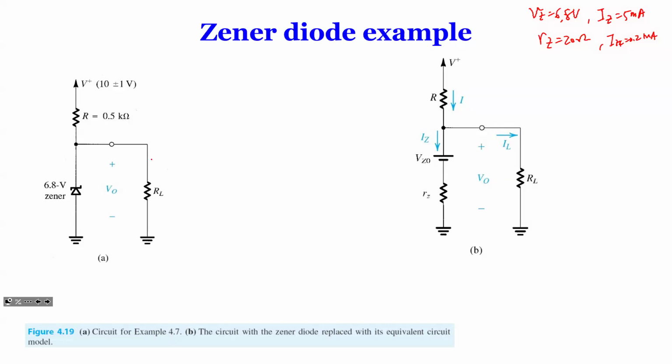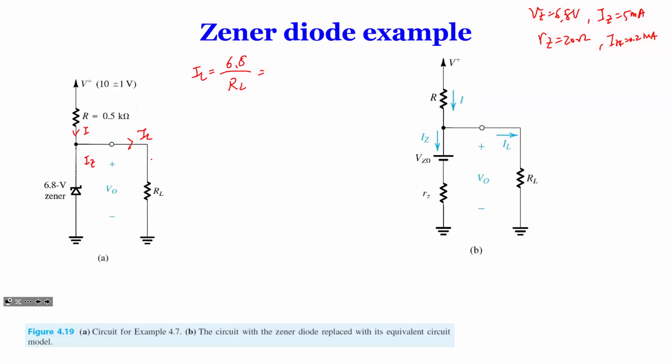Right? So if you have 0.5K at the top, you can start to calculate the current. So you can calculate IL, IZ. IL will be 6.8 divided by RL.